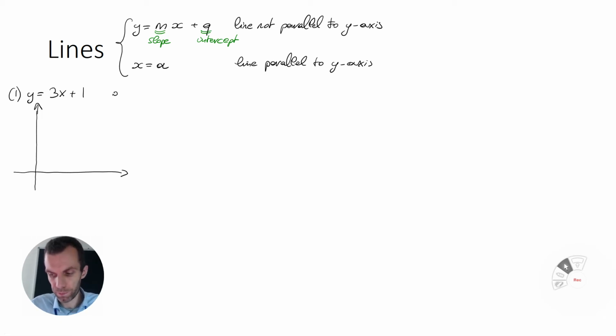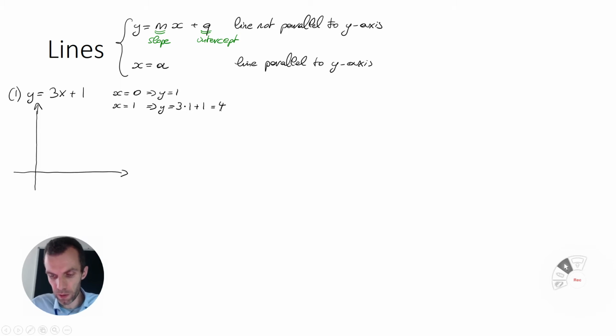If I put x equal to 0, I will get that y is equal to 1. And if I put x equal to 1 in this equation, I get that y is equal to 3 times 1 plus 1, which is 4.